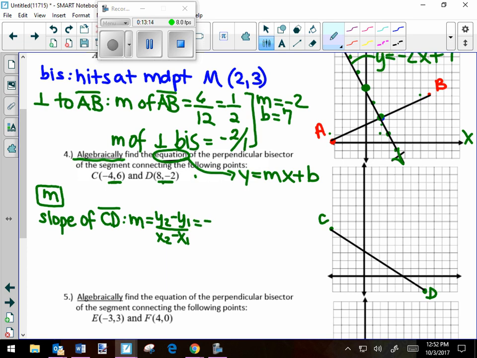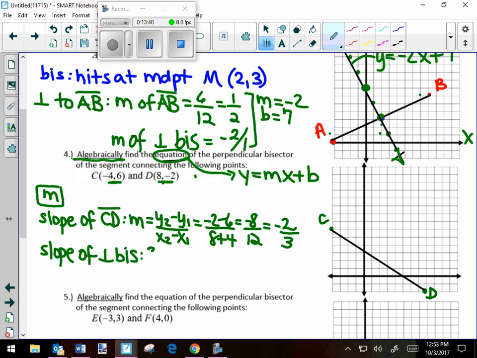So this is going to be negative 2 minus 6 over 8 minus negative 4, which becomes plus 4. So this is negative 8 over 12, or negative 2/3 when you reduce. So that is the slope of CD. Our new line that's the perpendicular bisector has to be the negative reciprocal of that. So we're going to say the slope of the perpendicular bisector is positive 3 over 2.